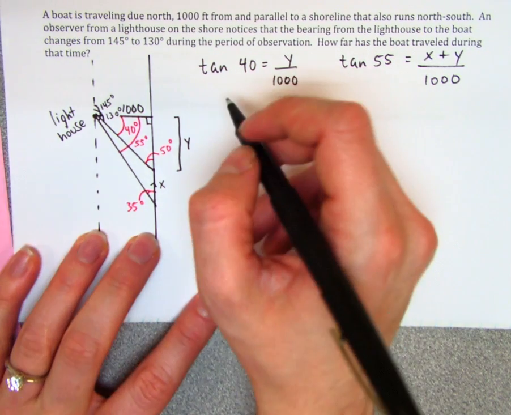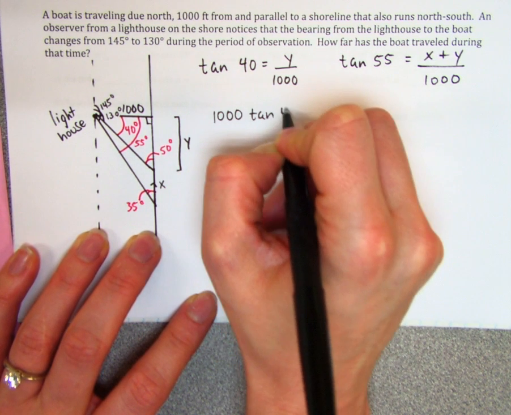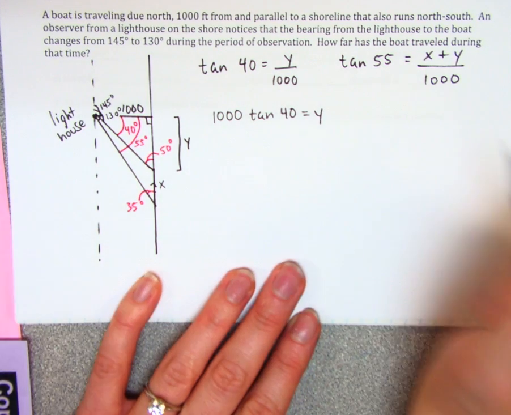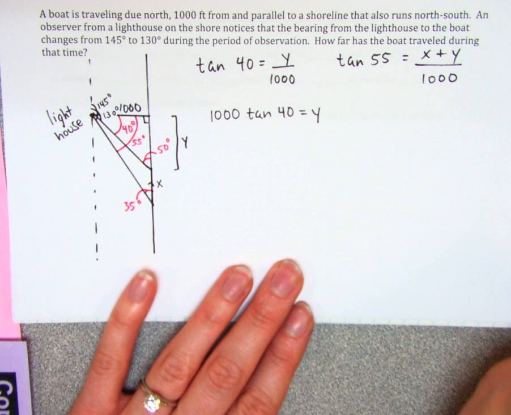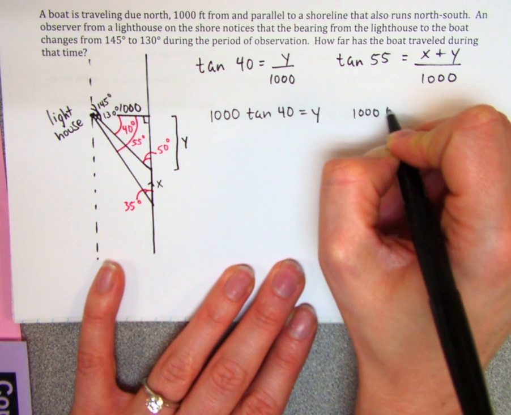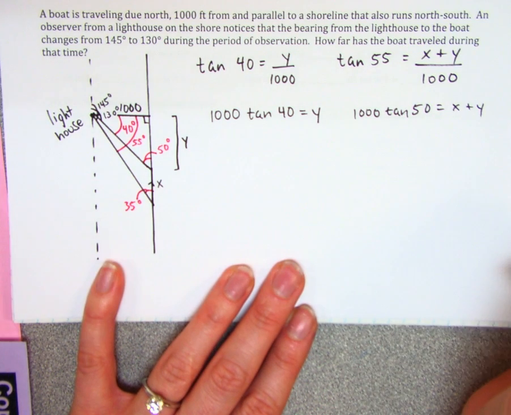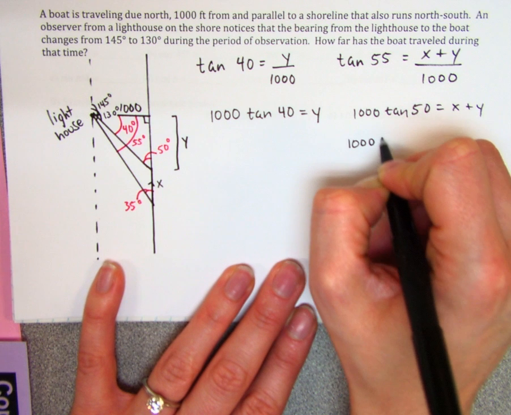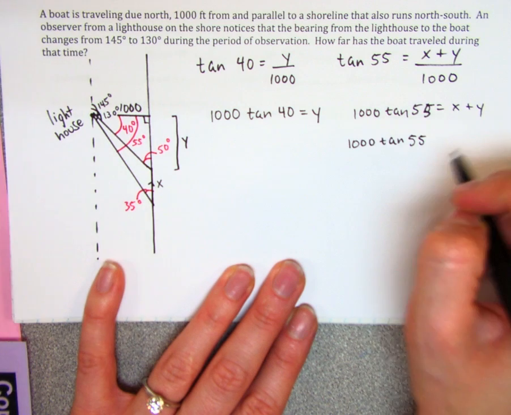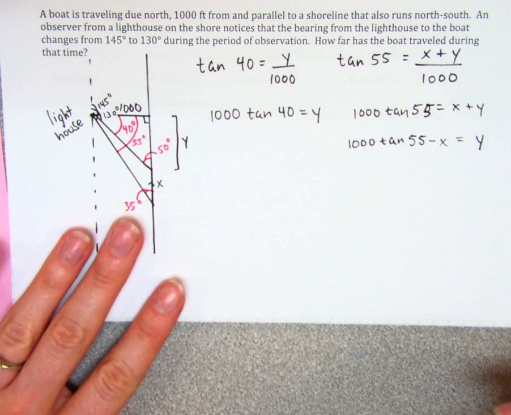So let's take a look. I've got 1,000 tangent of 40 is equal to y. And I'm going to solve the other equation for y as well, so that I can set the two equations equal to one another. So that gives me 1,000 tangent of 55 is equal to x plus y. 1,000 tangent of 55 minus x is equal to y.